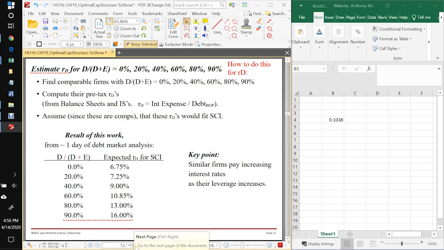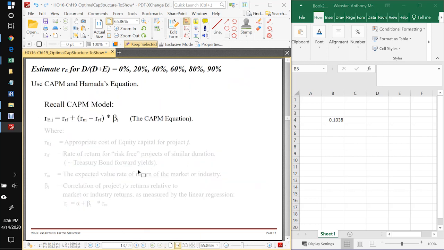Now we've got to do the same thing with the equity cost of capital. Okay, so let's go ahead and look at that. We need to estimate the equity cost of capital for all these levels of debt to enterprise value. And this is one reason, frankly, that CAPM is a very popular model, even though, as we know, it's got a lot of problems and oftentimes doesn't work very well.